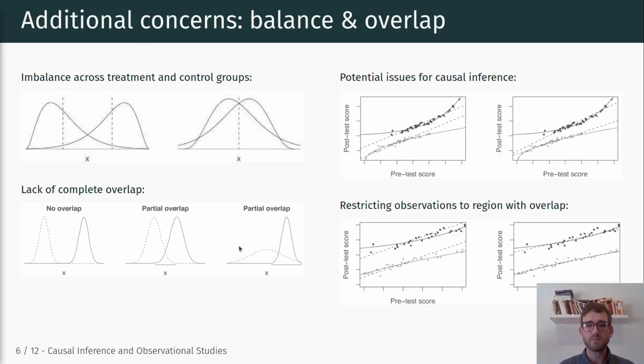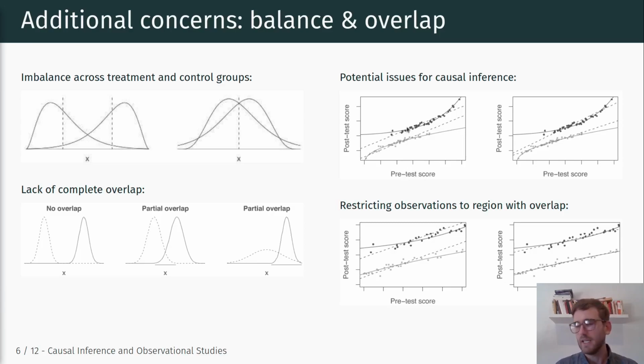Okay, and in order to illustrate why that is the case, we can look at a couple of different plots based on one of the examples that is discussed in the textbook, where we examine the relationship between post-test scores. I think this is the child reading scores, and as a predictor, the pre-test scores.